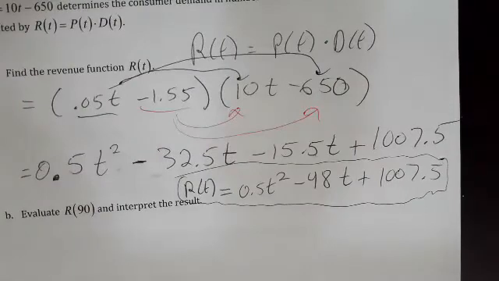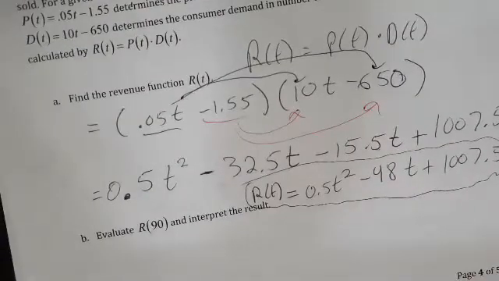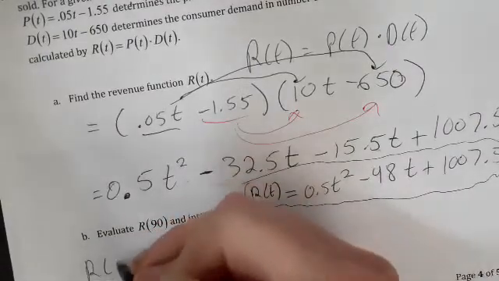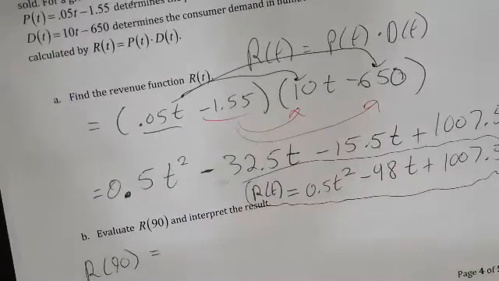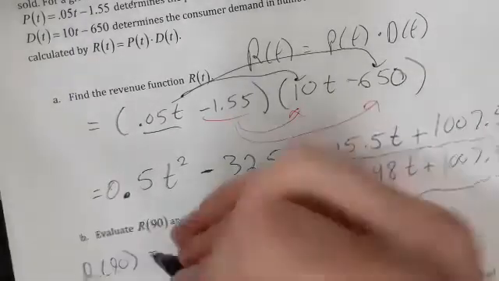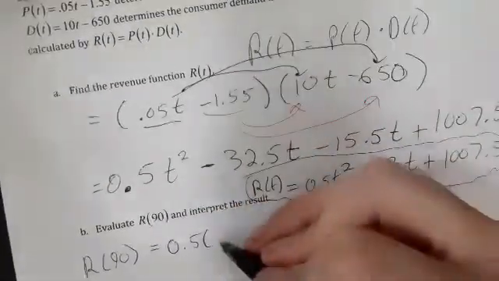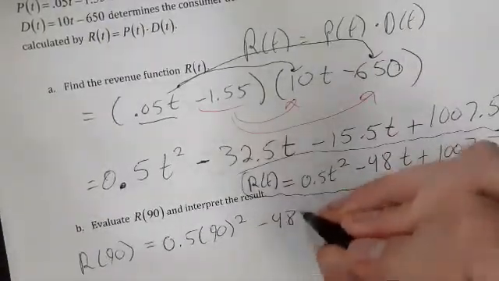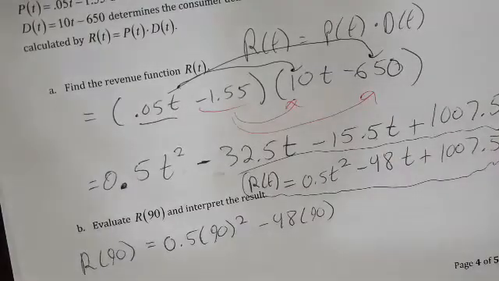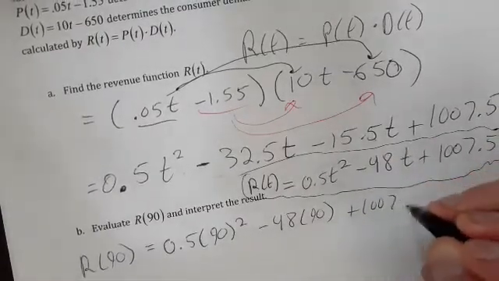So if we want to evaluate R of 90, this is equal to 0.5, and have to do 90 squared, and have to subtract 48, and have to multiply this by 90, and have to add 1007.5.